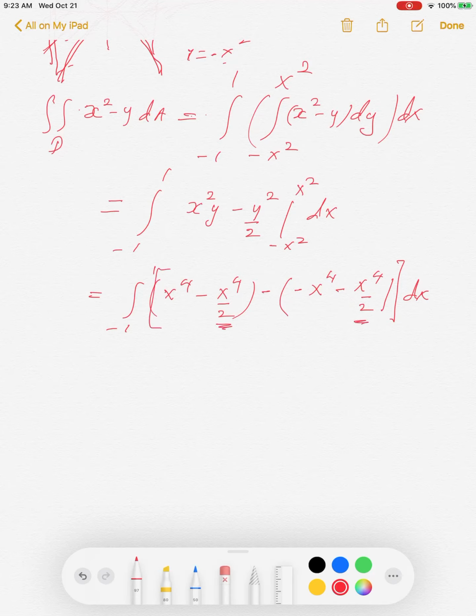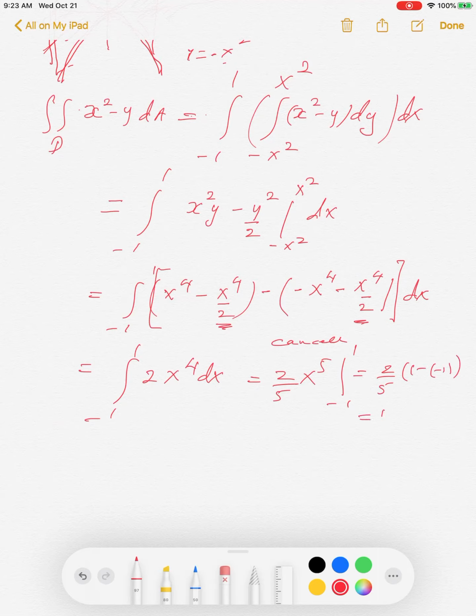So if you calculate, this term and this term cancel, and you will get the integral of 2 times x to the 4 dx, which is 2 by 5 x to the 5 from -1 to 1, which is 2 by 5 times 1 minus -1, so it's 4 by 5.